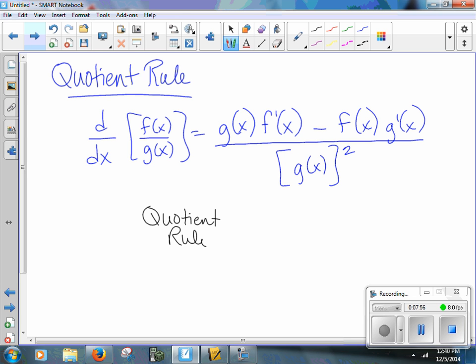G of x, that's your bottom, times the derivative of the top, minus top times the derivative of the bottom, over bottom squared. So it's bottom, top, bottom.